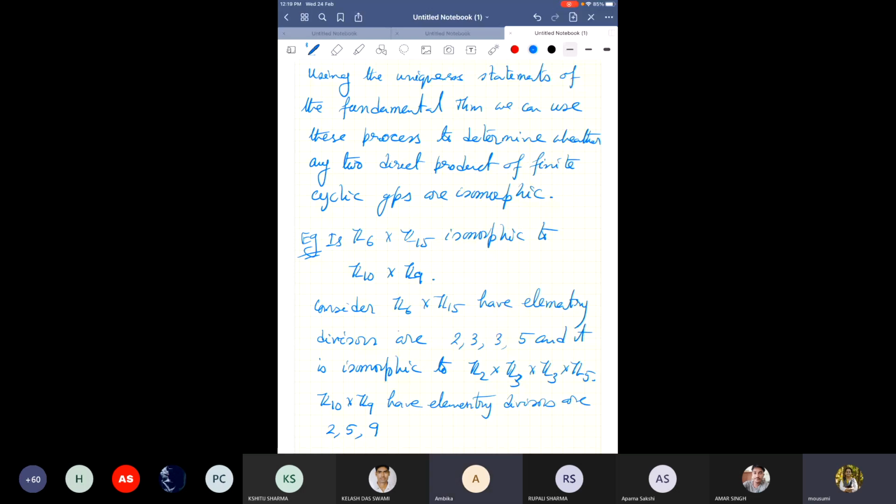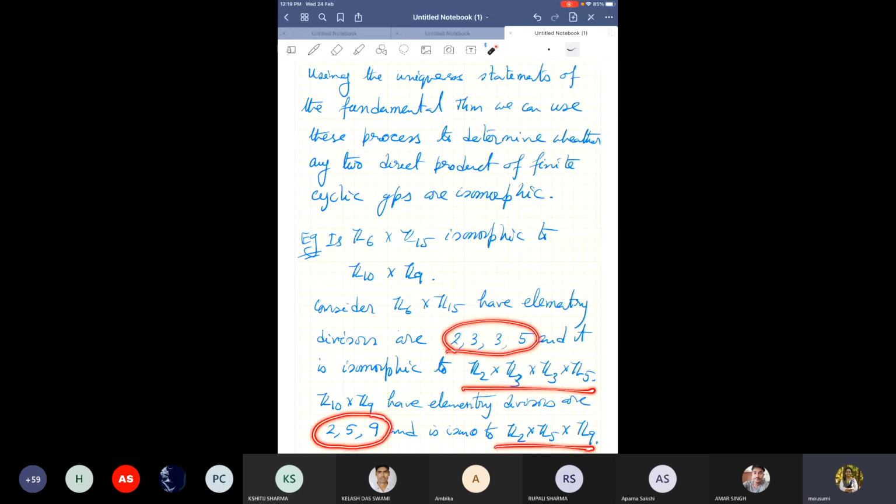Now, are they isomorphic? No, ma'am. Ma'am, can you repeat why it is 2, 5 and 9? Because they do not have the same elementary divisors. Here it is 2, 5, 9, whereas the other is 2, 3, 3, 5.